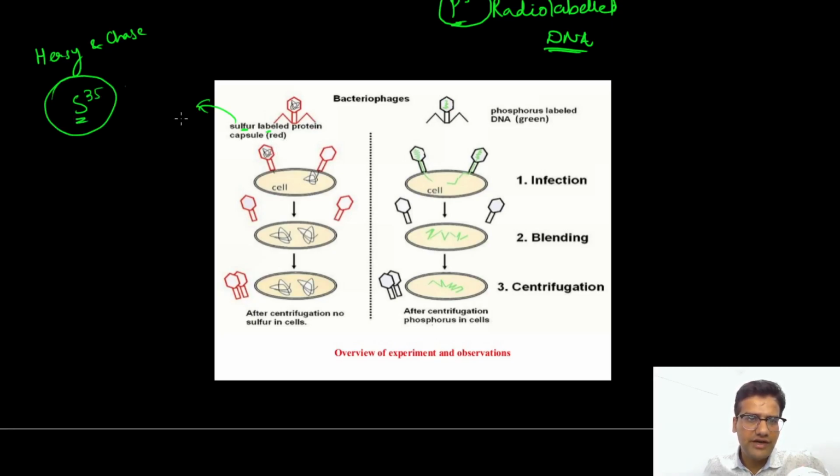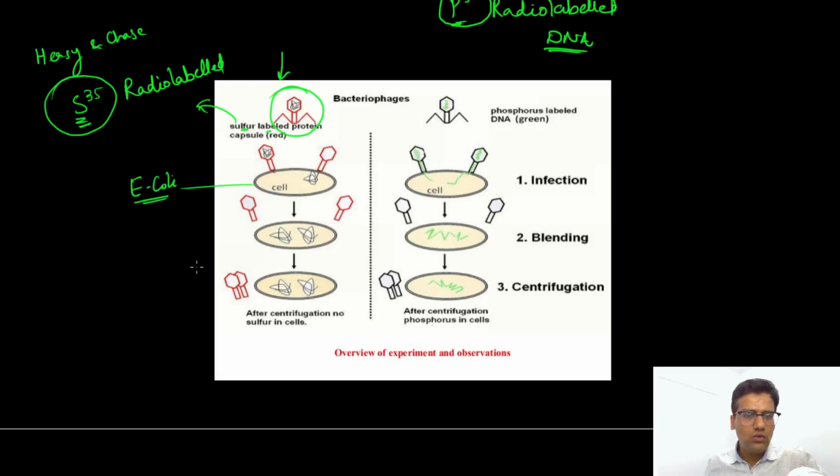In the first part, this bacteriophage has S35 radio-labeled protein. These bacteriophages now infect the E. coli cells. These cells here are the E. coli cells.